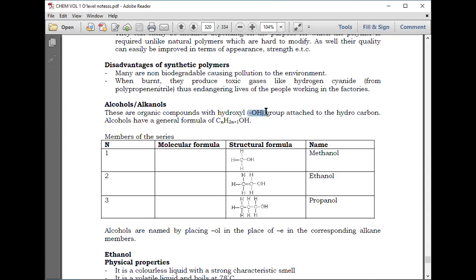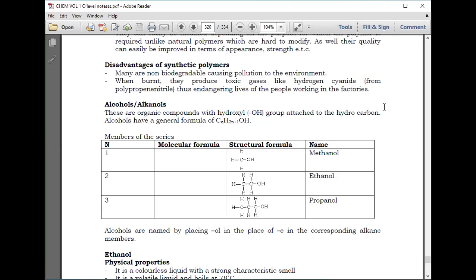Any organic compound that has the hydroxyl group, OH, attached to the carbon atom is an alcohol. So the definition is here. Alcohols are organic compounds with the hydroxyl group attached to the carbon atom. That is the definition of alcohols.